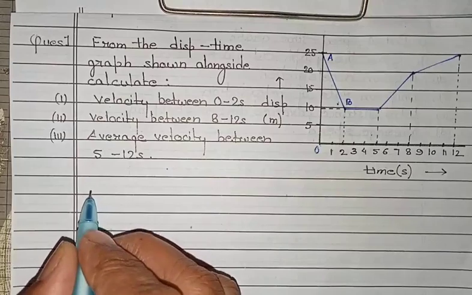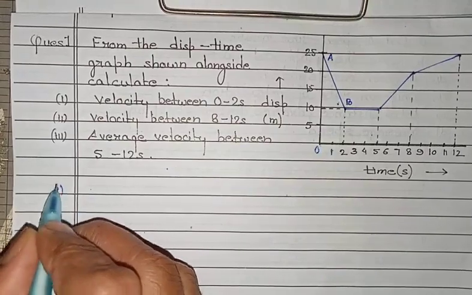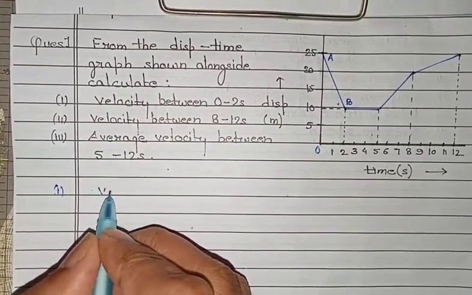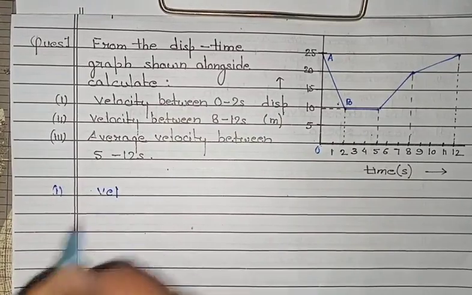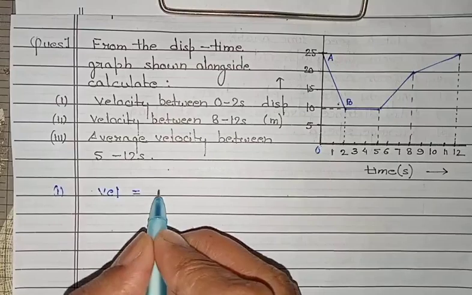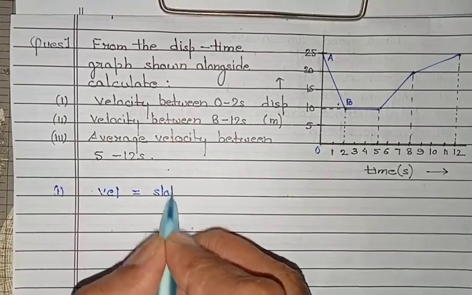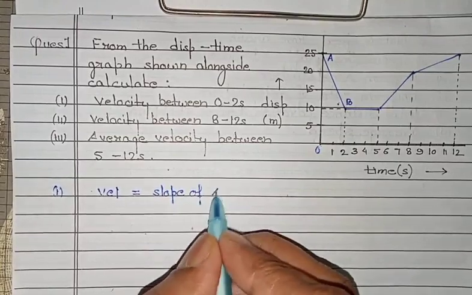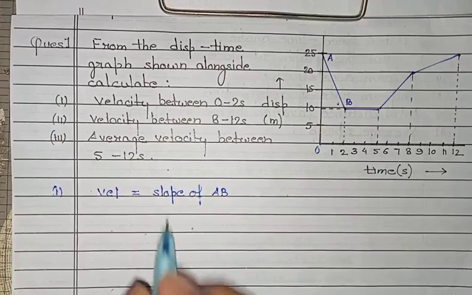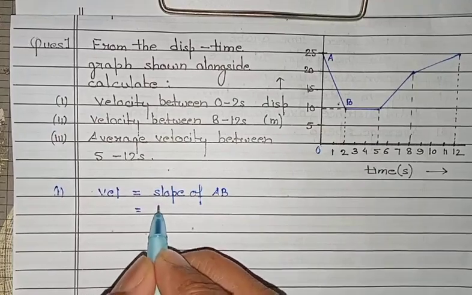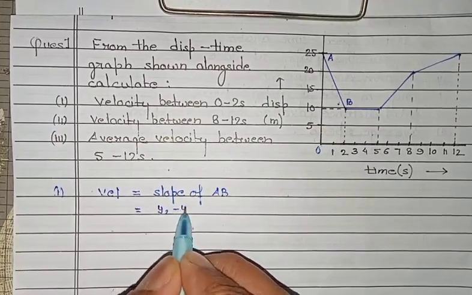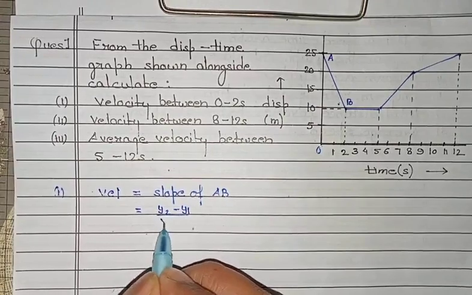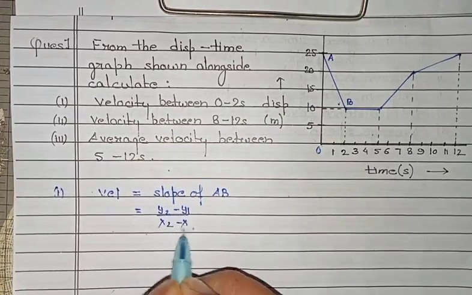Okay, so let's get the first part. We need to calculate the velocity in the first part. So velocity will be equal to slope of AB. Now how do we get the slope? Formula is y2 minus y1 upon x2 minus x1.